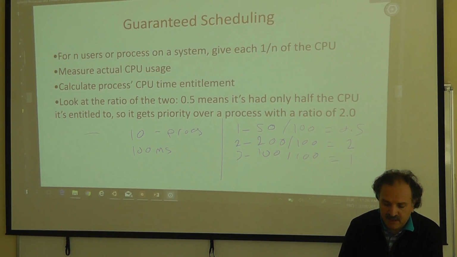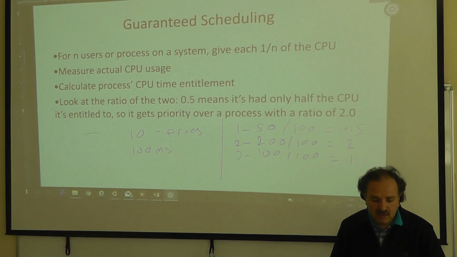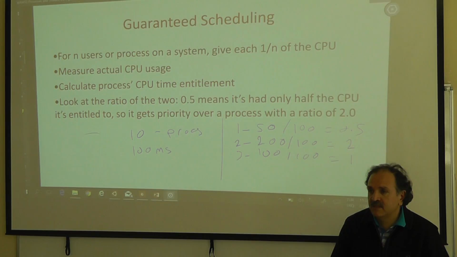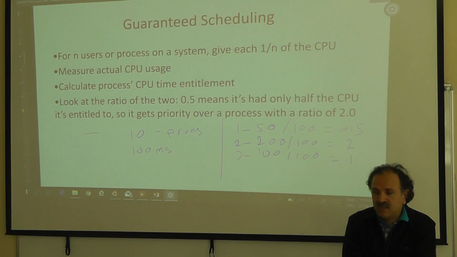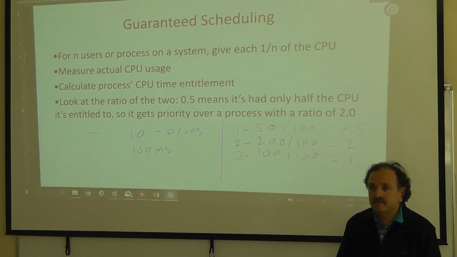This will get the same priority. This is called guaranteed scheduling. It is trying to be fair between the users or between the processes. It measures how much they use the CPU. It is not that difficult to understand how much CPU they are using. Okay. Any questions?